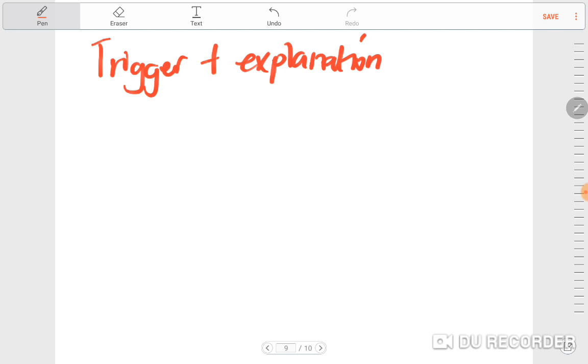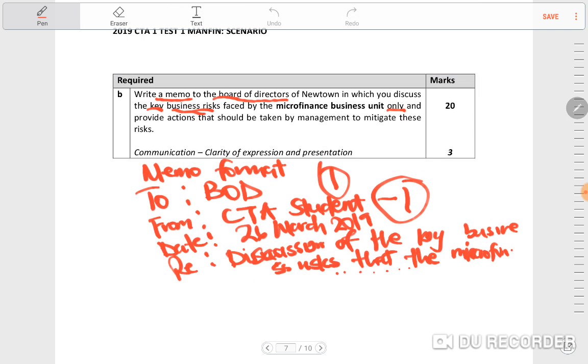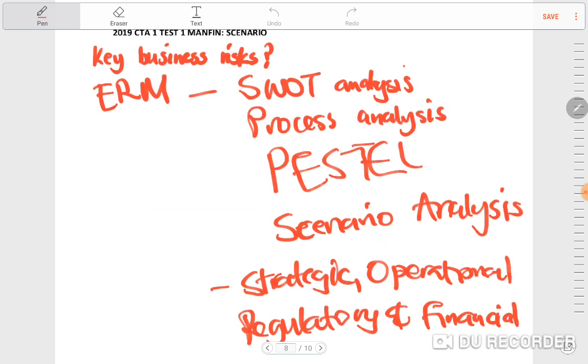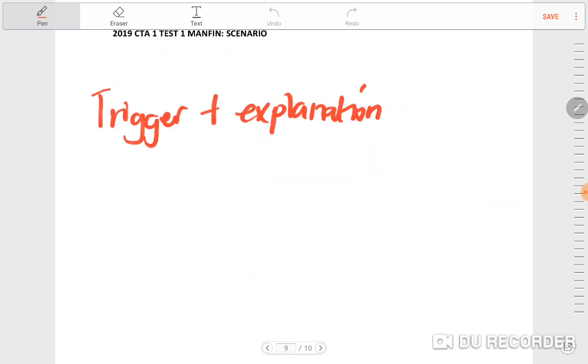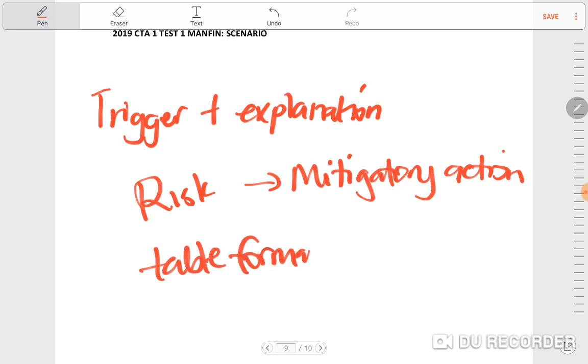Now this other section of the required wanted you to now provide actions that should be taken by management. So for every risk, there should be a mitigatory action. Now, in line with this, your presentation would be better if you had used a table format.